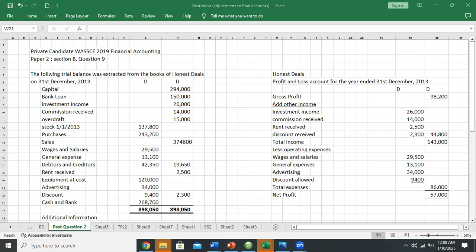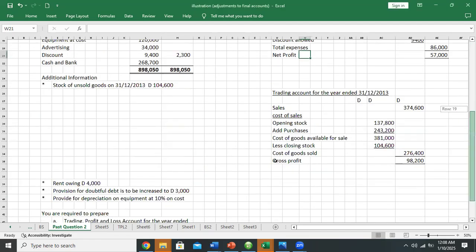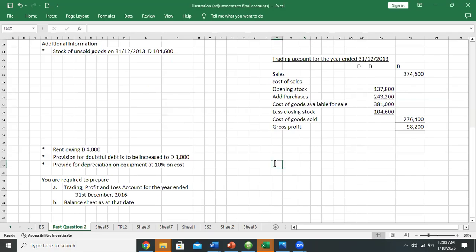So let me do some summaries here for us. For your profit and loss account, the items you take in there are income and expenses. And then the trading account, I think you know from the format, a lot of items, right? Your stock, your sales, purchases. So let me list as many as I can.